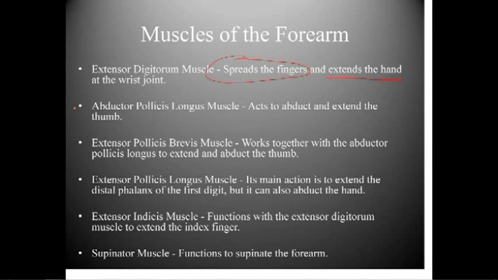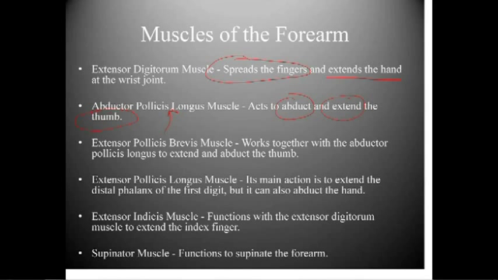The abductor pollicis longus muscle acts to abduct and extend the thumb. So, we're getting into movements of the thumb now. So, abduct and extend the thumb. The extensor pollicis brevis muscle works together with the abductor pollicis longus to extend and abduct the thumb. So, the extensor is going to be working with the abductor.